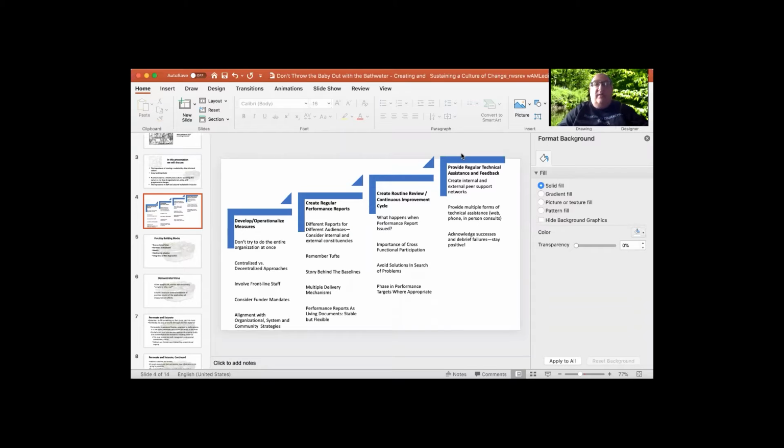This week, we're talking about actually getting performance measures going in an organization and using them for data-driven decision making.